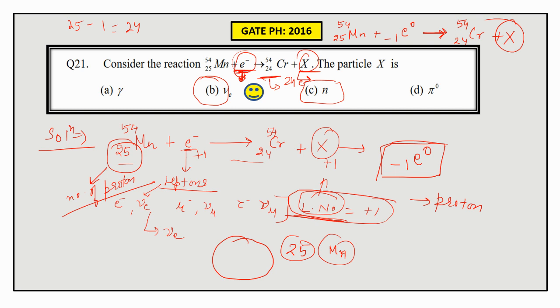Okay, let me think about this question. So you have 25 manganese, 54, plus 24 chromium, plus X. So this electron will have charge. So suppose this manganese.